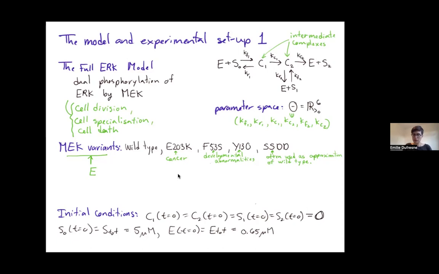data from this system for a number of variants. There is the wild type, which is the one that occurs naturally, and then another four variants. The first one here, E200K, is something that's involved with cancer. The next two have to do with developmental abnormalities.